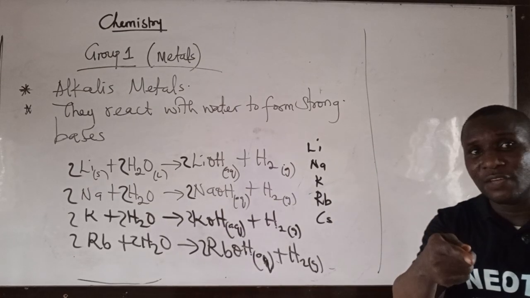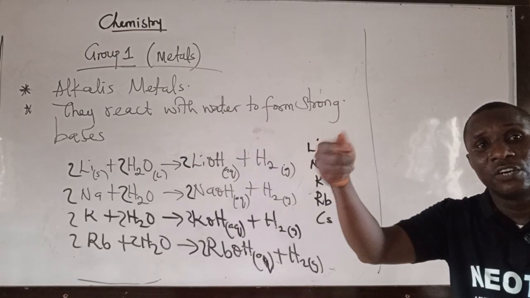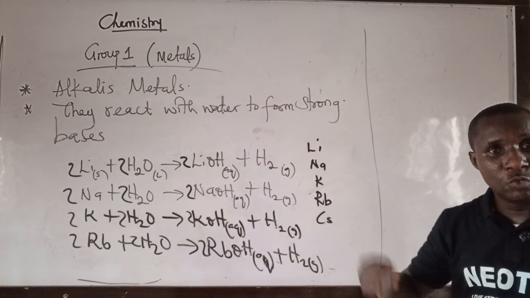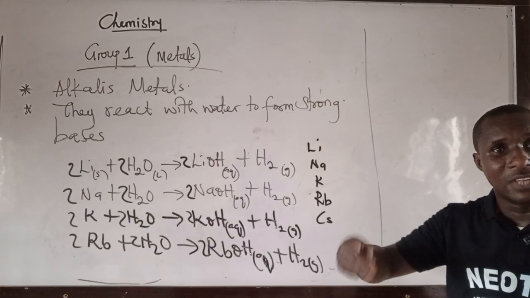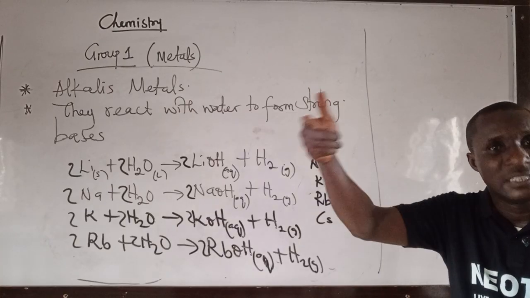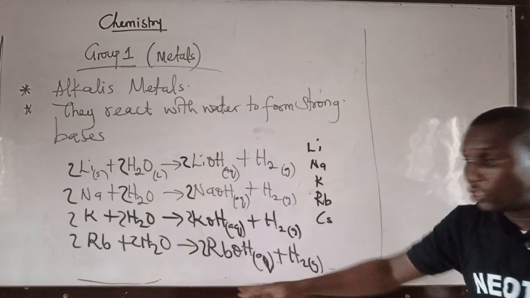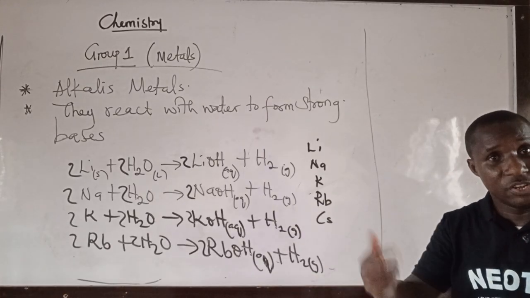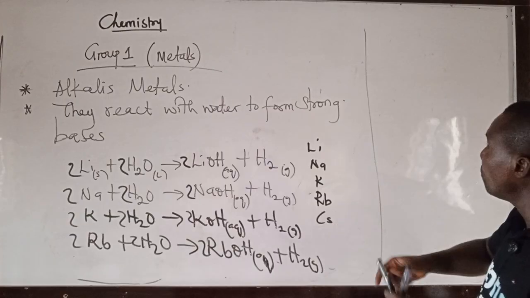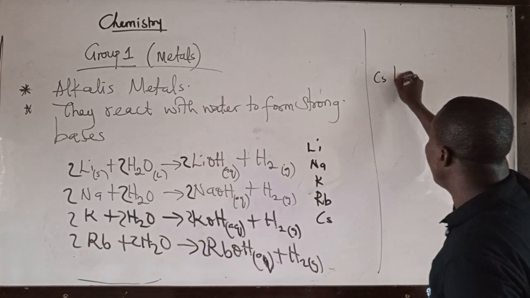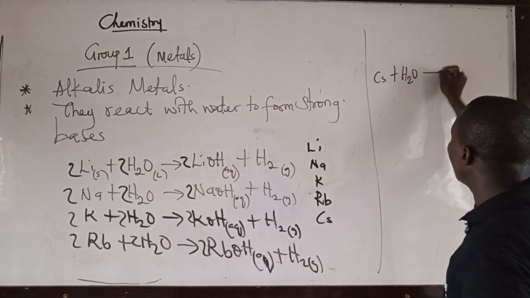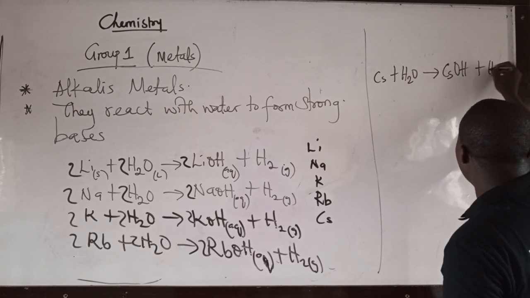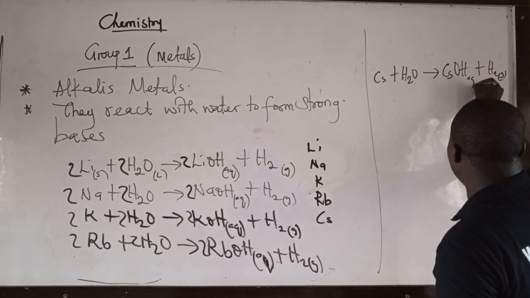Don't forget the definition of radioactive decay: an unstable atom disintegrating. That means francium and radium are unstable. They are radioactive elements. Take note. When you have calcium plus H2O to form calcium hydroxide plus hydrogen gas.